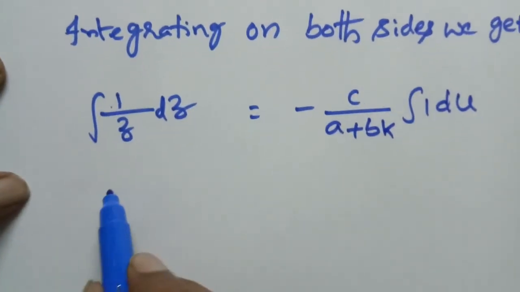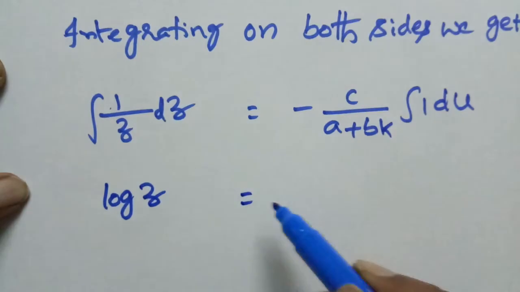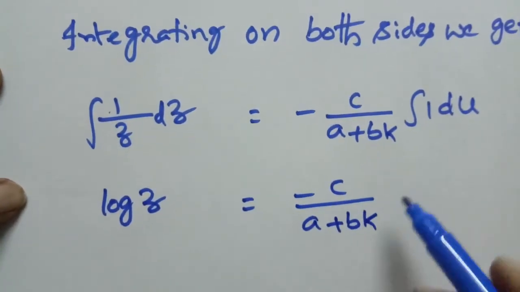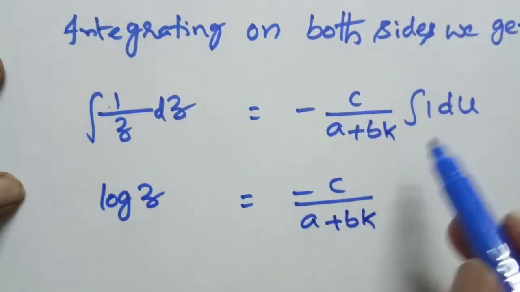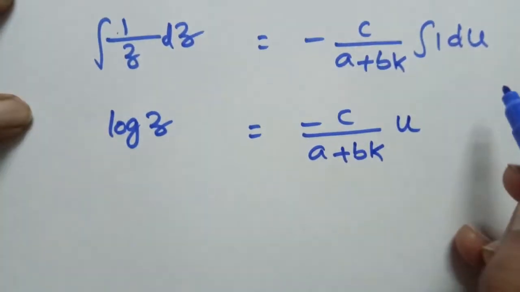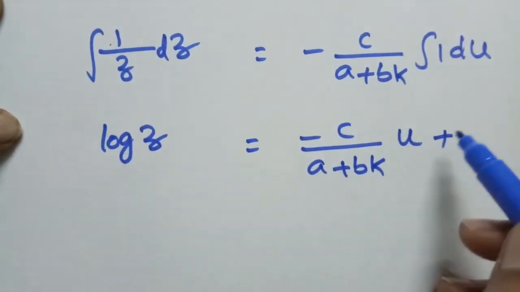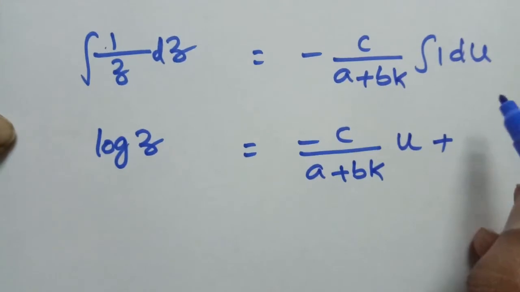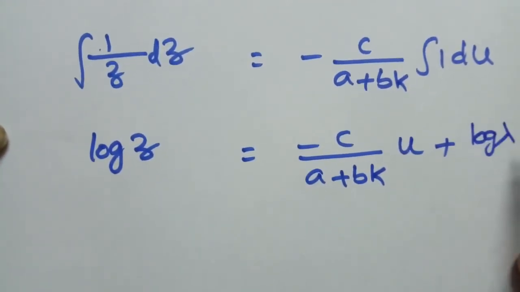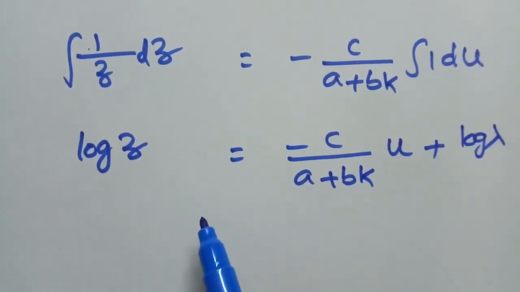Therefore integration of 1 by z is log z is equal to minus c by (a plus bk) into integration of 1 with respect to u, which is u plus constant of integration. Already b is used here, so we can use another letter. We are using log lambda as a constant of integration.